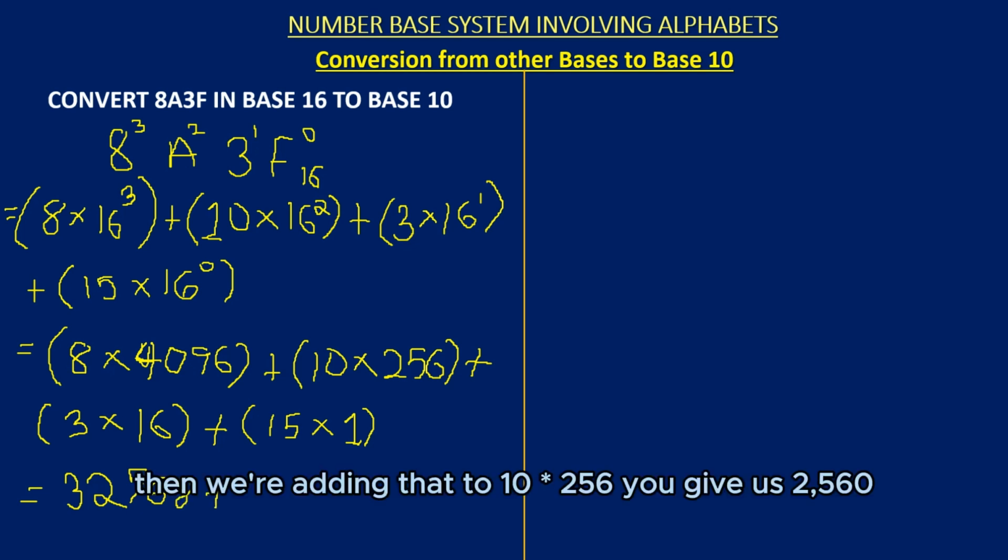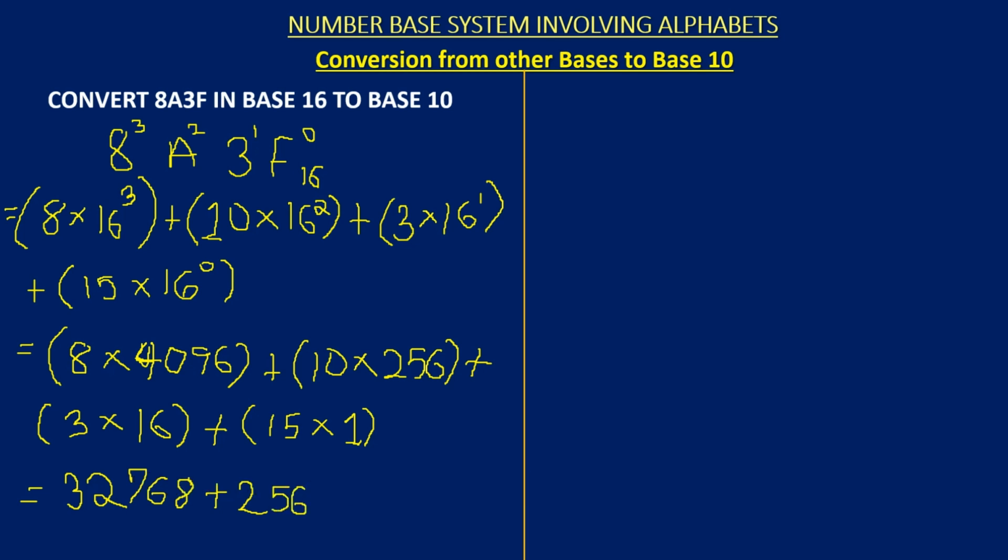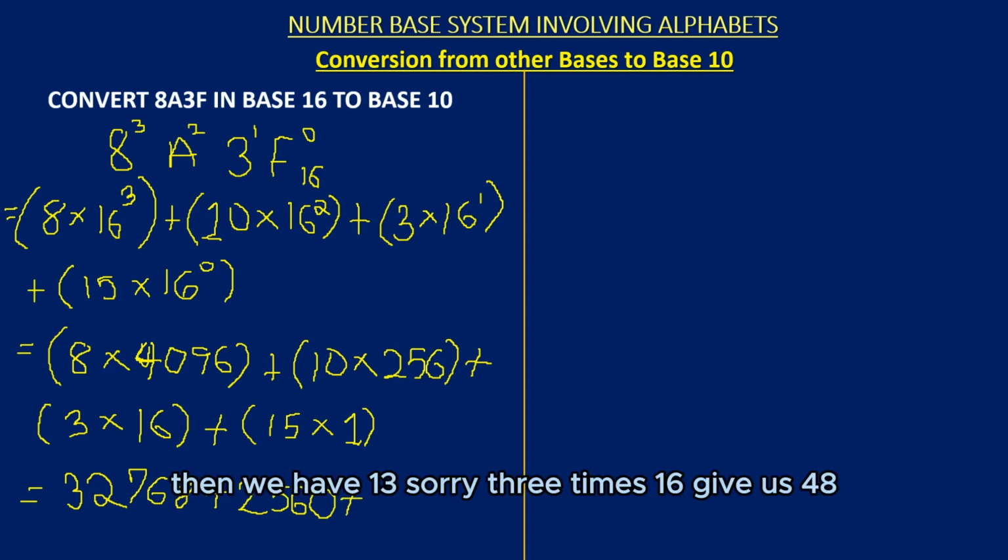Then we're adding that to 10 times 256, which will give us 2,560. Then we have 3 times 16 will give us 48.